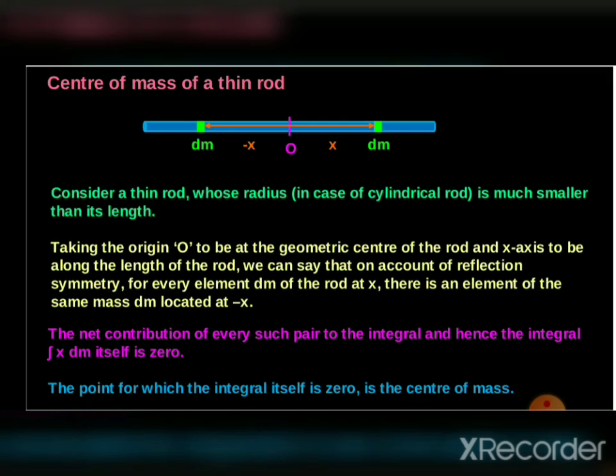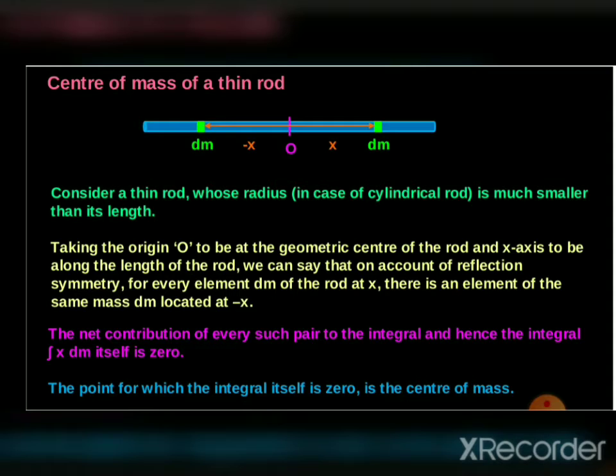For the thin rod, center of mass for the thin rod, consider a rod with a radius having a small value, and the length l. So here, as we talked about, the center of mass lies in the center of the object.